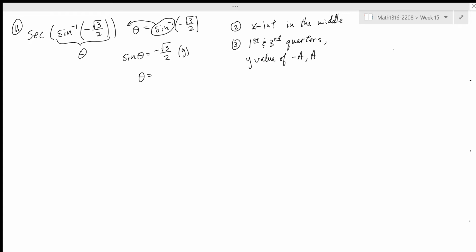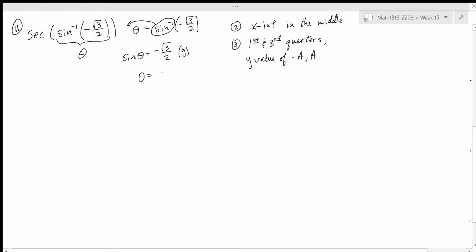I'm sorry, did I say quadrant 3? I just now realized what I said. Inverse cosine is restricted from 0 to pi, which is quadrant 1 and 2. So you're never looking at quadrant 3. When you're doing an inverse trig function, you're never going to pick an angle from quadrant 3. And then inverse tangent is back to quadrant 1 and 4. Okay, I'm just trying to cover all the bases there.